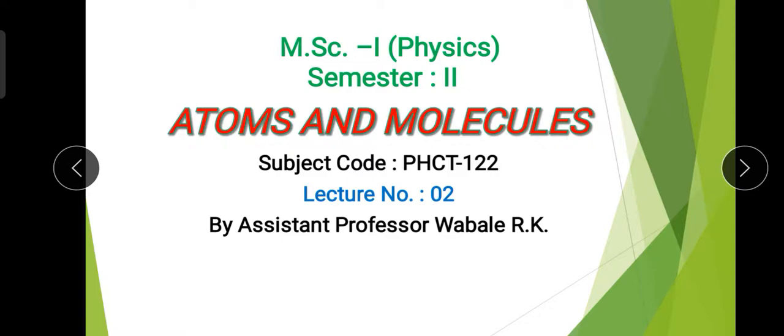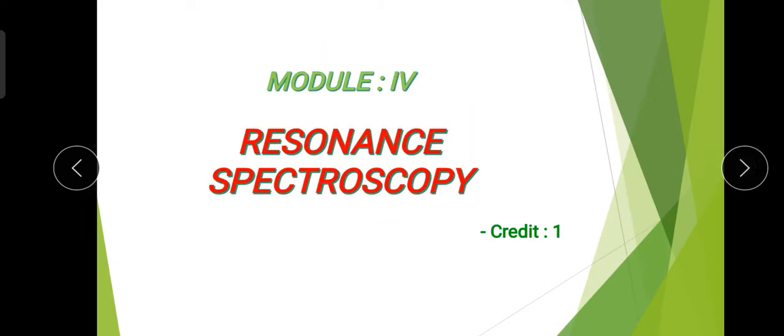In our previous lecture we started our fourth module, resonance spectroscopy, and discussed what spectroscopy means. We also mentioned the two types of resonance spectroscopy: ESR, electron spin resonance, and NMR, nuclear magnetic resonance.